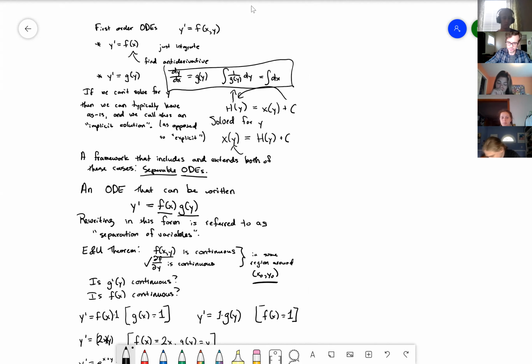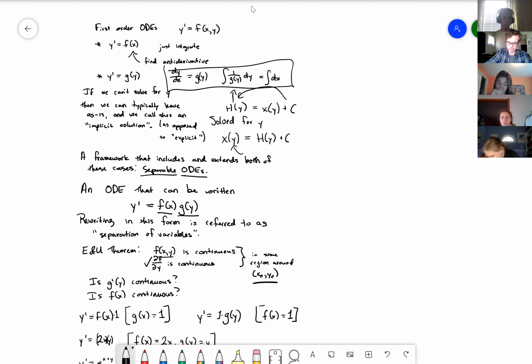So we write this as dy dx, that's that fraction form, equals f of x, g of y. And now we're going to treat dy dx as if it's a fraction.